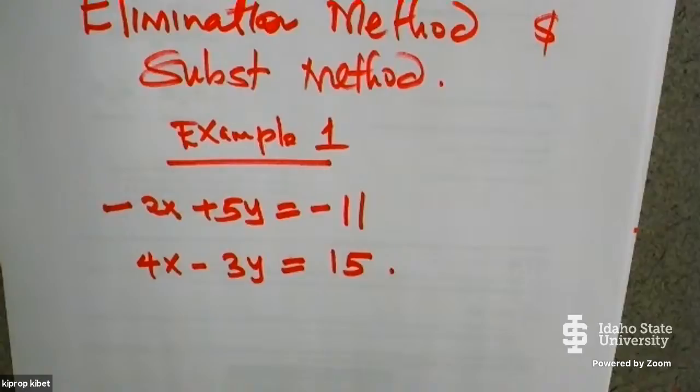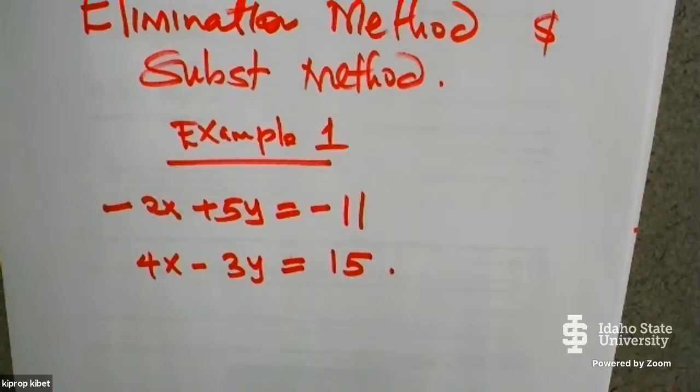So we can see from here, this is minus 4x and this is plus 4x, so it can be eliminated by adding, right? When we add, you get minus 4x plus 4x, which is 0. Then what you do on one side, you do on the other side.